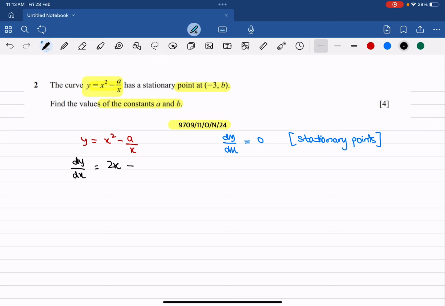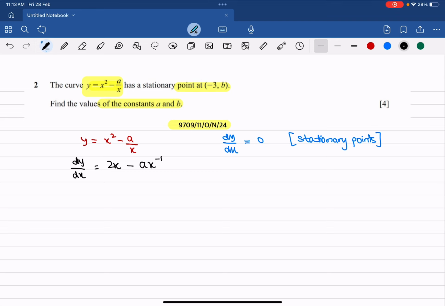We can't differentiate something that is in the denominator, so we bring the x into the numerator. Using the rules of indices, x comes with a power of minus 1.